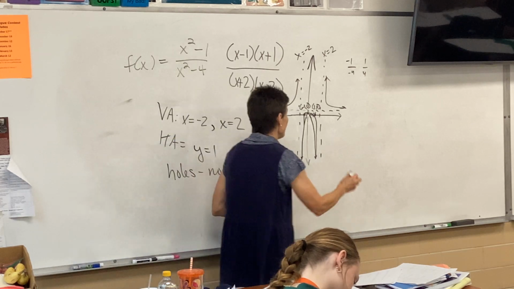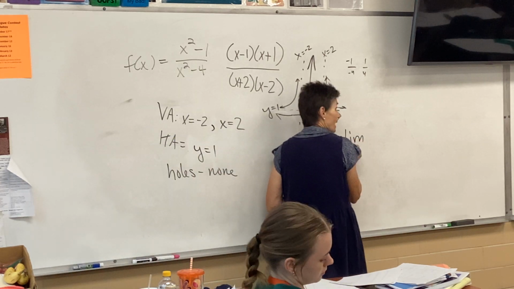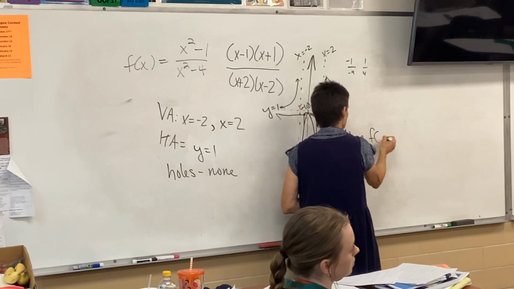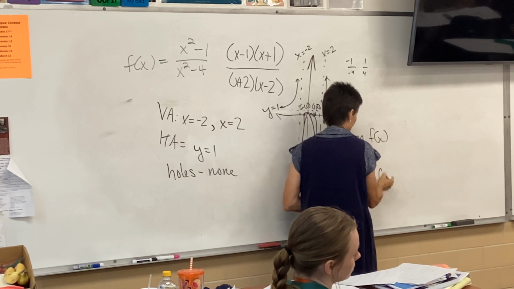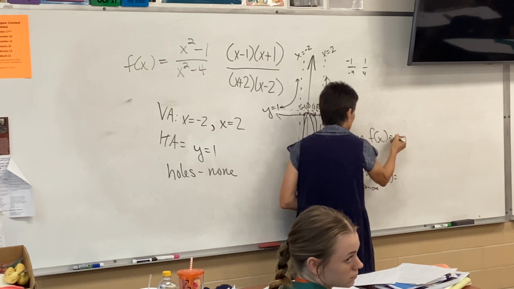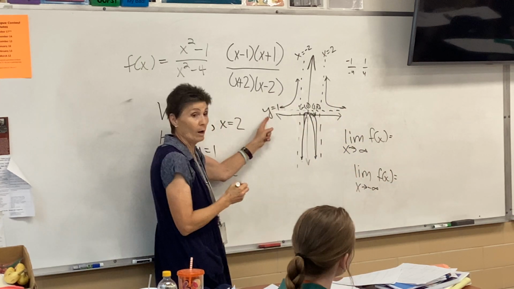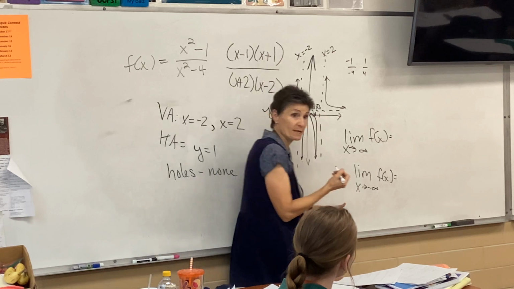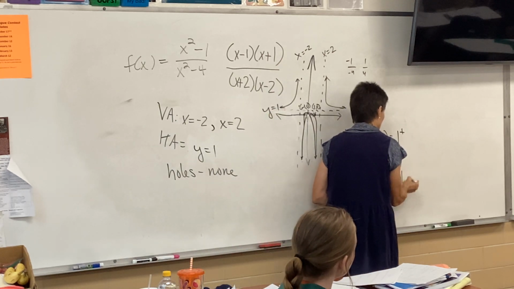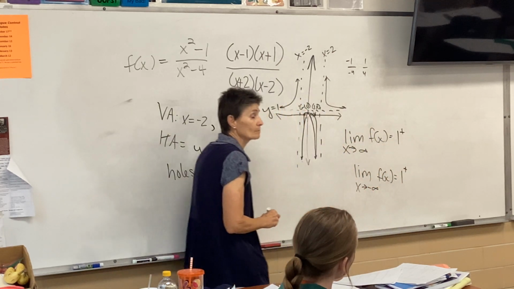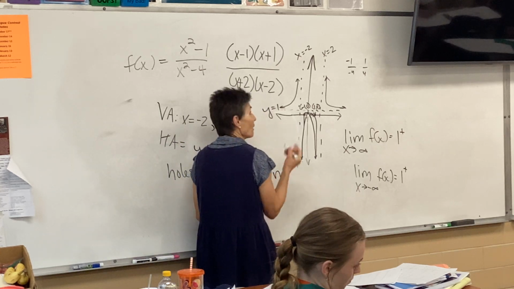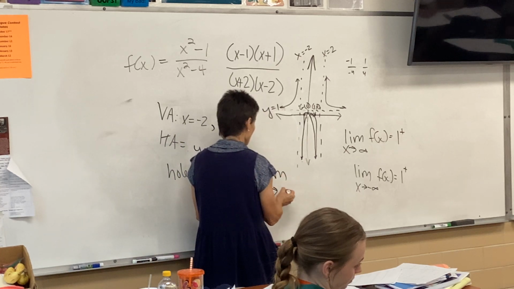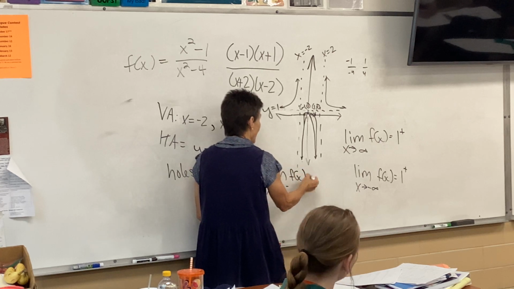What are the limits as x approaches infinity and negative infinity? One, both of them. One from the top. Everybody good with that? What about, I'm not going to write all these out, but what about the limit as x approaches -1 from the left?